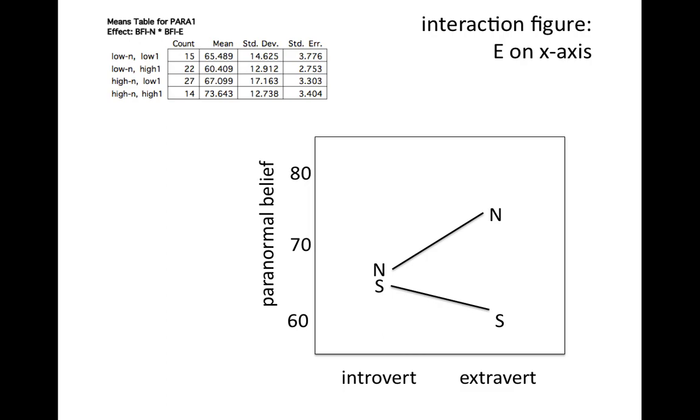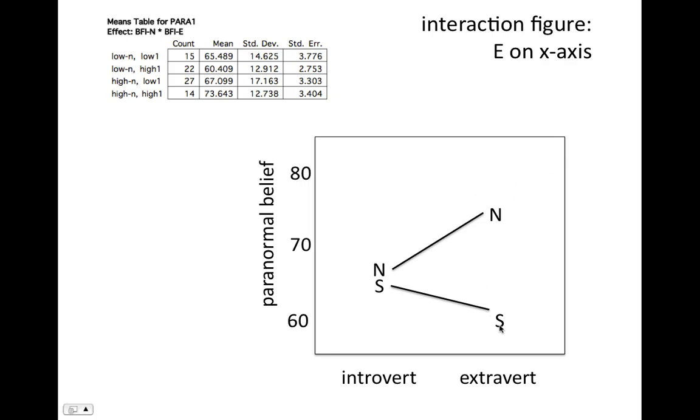And generally, a figure is a much more effective way of doing that than just a paragraph describing it. And so, to me, this figure is nice because, and we'll have to look at the paired comparisons to know for sure, but one way to describe this is that there's not an effect of neuroticism for introverts.